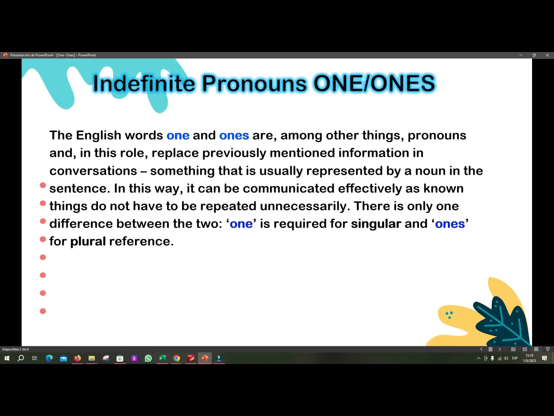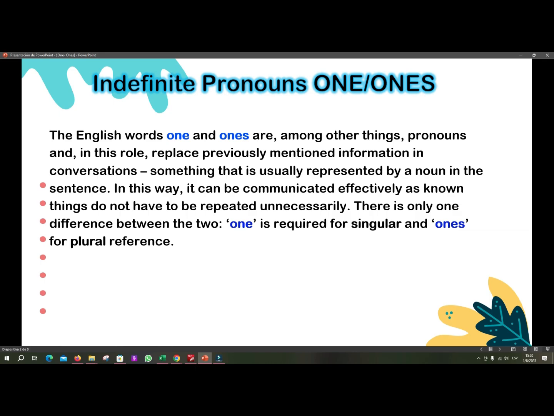In this way, it can be communicated effectively as known things do not have to be repeated unnecessarily. There is only one difference between the two. One is required for singular and ones for plural reference. Okay, thank you, Mr. Joel.